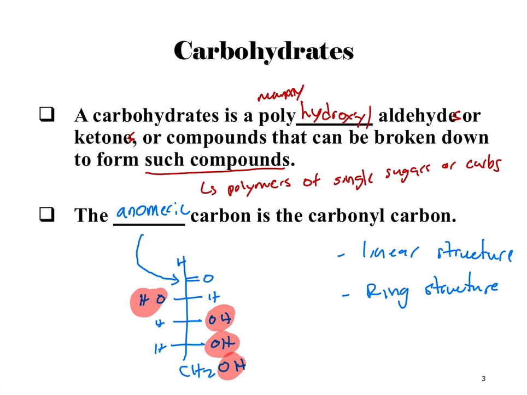And then we also have another carbon called the penultimate carbon, and that's going to be this carbon right there. The penultimate carbon is ultimately going to determine if the sugar is one enantiomer or another of each other.